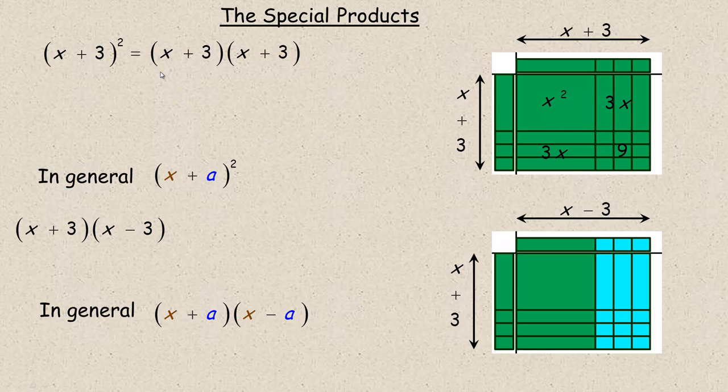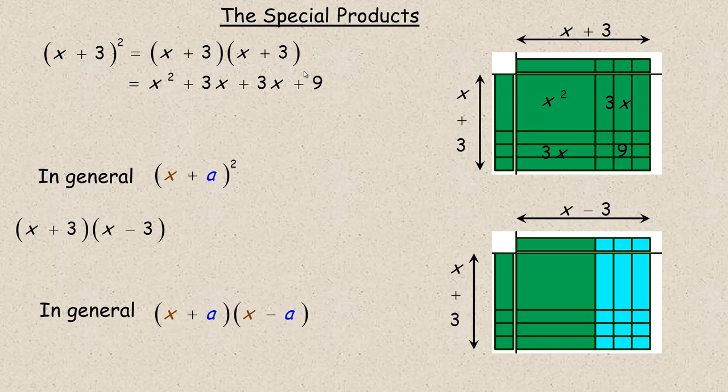Now, if we do this the long way, these are how we get the 4 terms. Again, the idea behind these special products is to recognize patterns so you don't have to go x times x is x squared, x times 3 is 3x, 3 times x is another 3x, and 3 times 3 is 9, and then collect like terms.